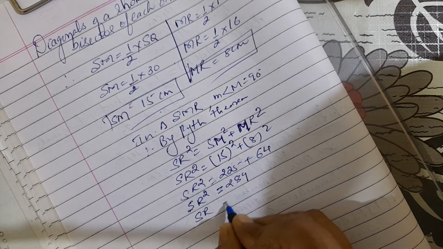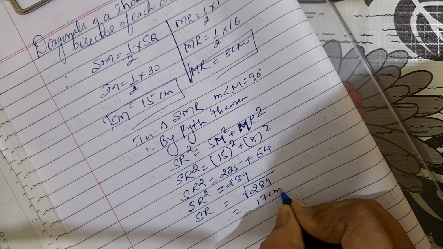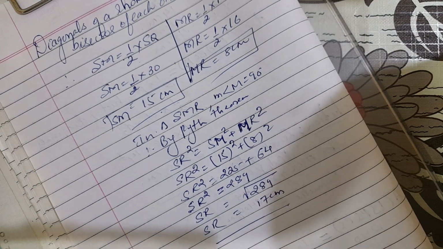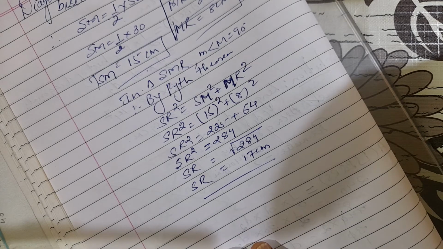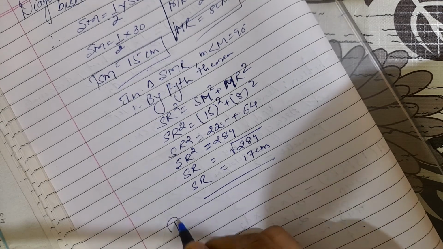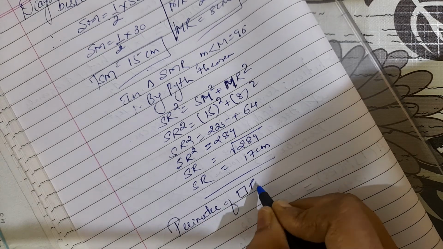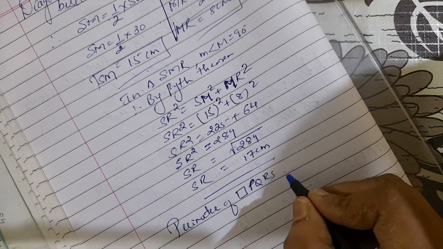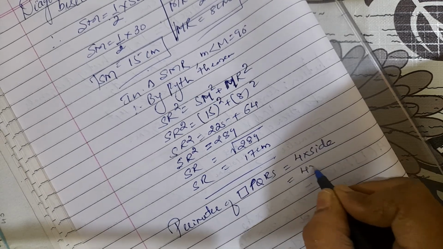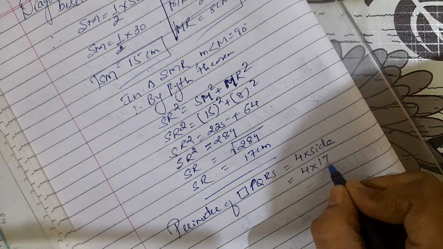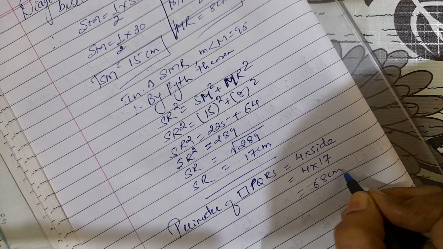So SR is equal to square root of 289, and that is equal to 17 centimeter. Clear? Now we have to find the perimeter of the quadrilateral PQRS, that is your rhombus PQRS, that is 4 into side. One side is 17, so all sides will be 17, 4 into 17 is equal to 68 centimeter.